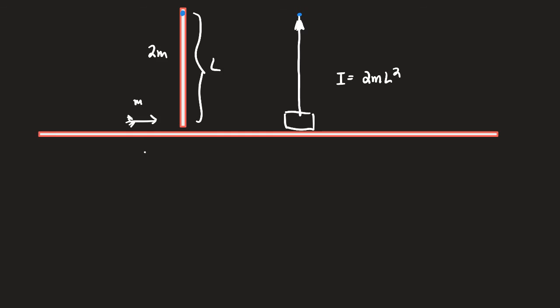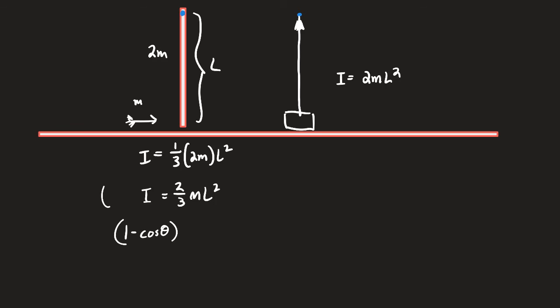On the other hand, the moment of inertia of the rod, rotated about its end, is 1/3 times 2mL squared. So there's a big difference in the moment of inertia of the rod compared to the block. Now, here's what I would really like you to do. I would like you to come up with what 1 minus cosine theta is going to look like for this system.